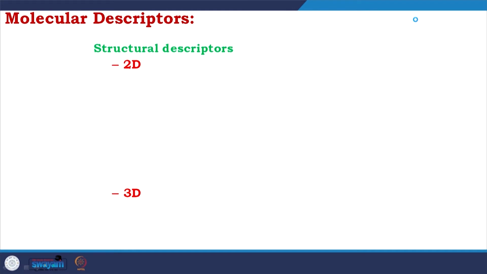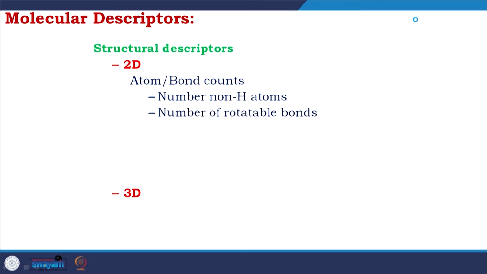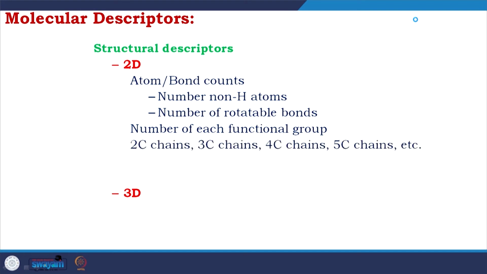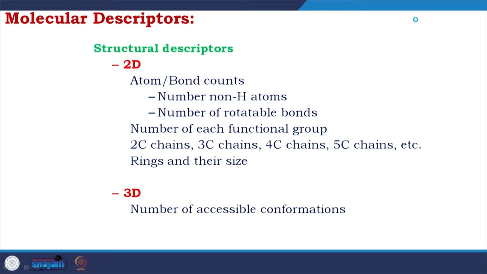Structural descriptors are divided into two parts, 2D and 3D. In 2D, as we have explained earlier, you look at atom and bond counts, number of non-hydrogen atoms, number of rotatable bonds, number of each functional group, 2 carbon chains, 3 carbon chains, 4 carbon chains, 5 carbon chains, etc. Rings and their size. In 3D, the number of accessible conformations which are biologically active or inactive, and surface area.